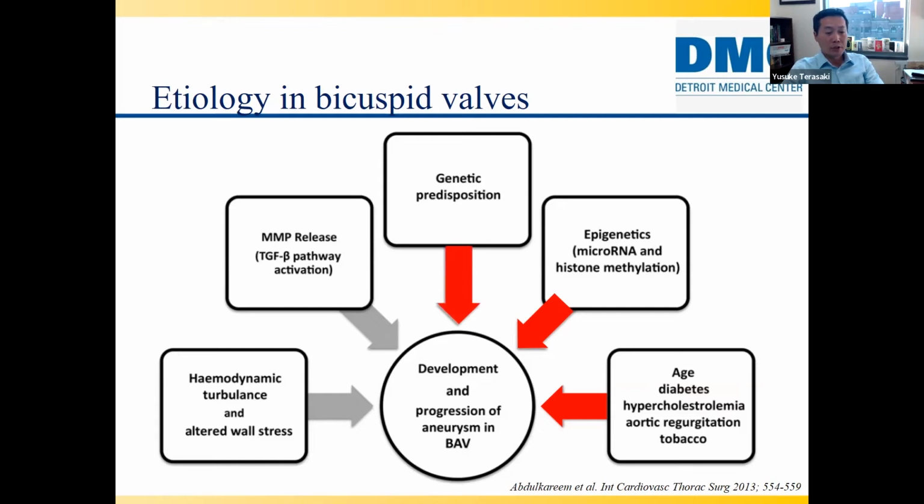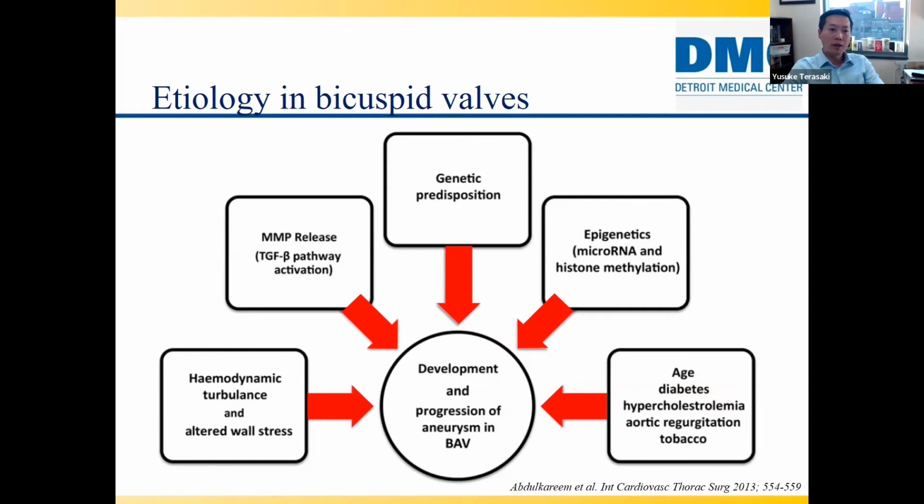Genetic predispositions. You can have intrinsic aortic wall deformities or composition that lead to bicuspids having aneurysms, as well as hemodynamic turbulences, which is something that we just touched on, that can alter the wall stress of the aorta that can cause aneurysms. And I'll touch on a few of these things.